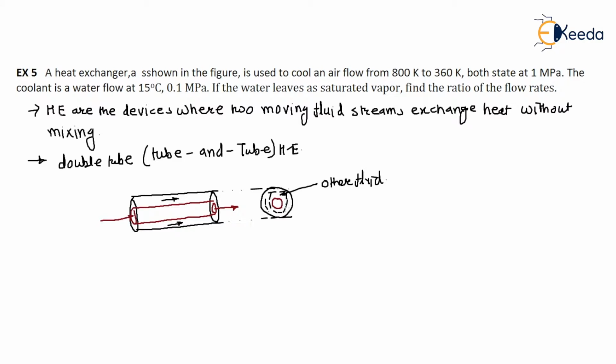Heat is transferred from the hot fluid to the cold fluid. If this is a hot fluid and this is a cold fluid, then heat will transfer from the hot fluid to the cold fluid through a wall separating them.